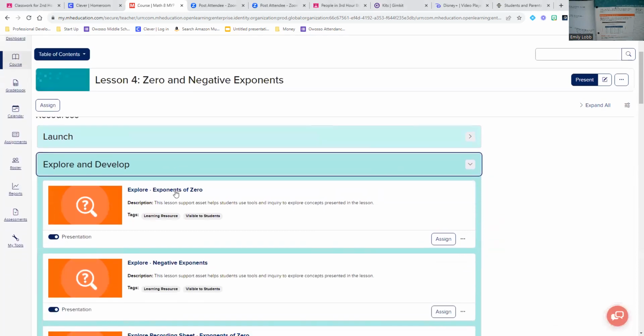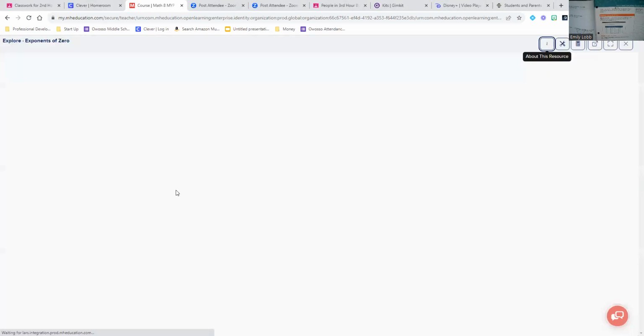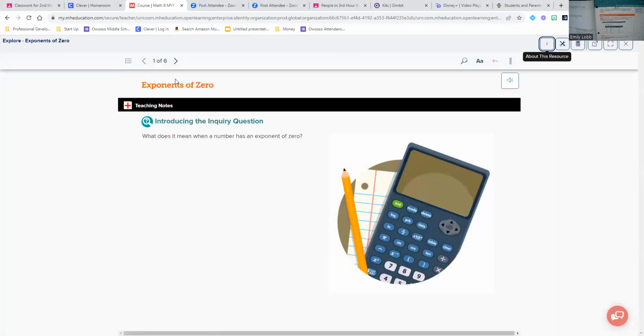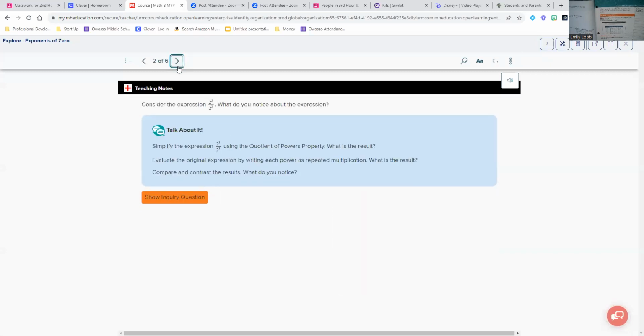So let's explore exponents of 0 first. What does it mean when a number has an exponent of 0? If we have the expression 2 to the third divided by 2 to the third, our quotient rule says we do what with our exponents?